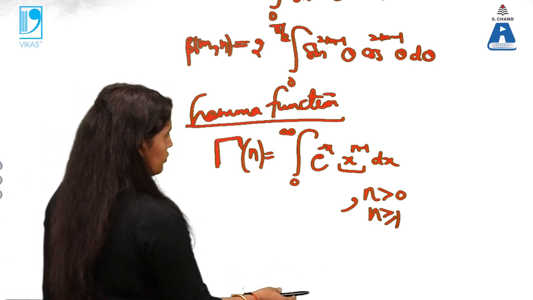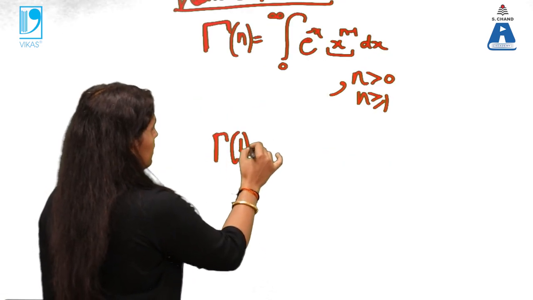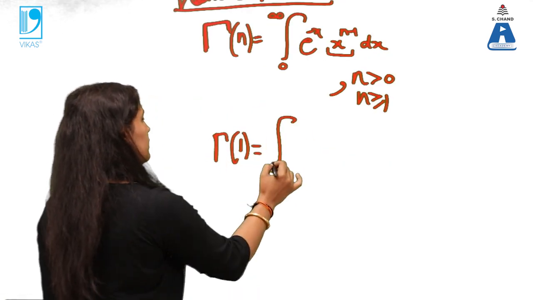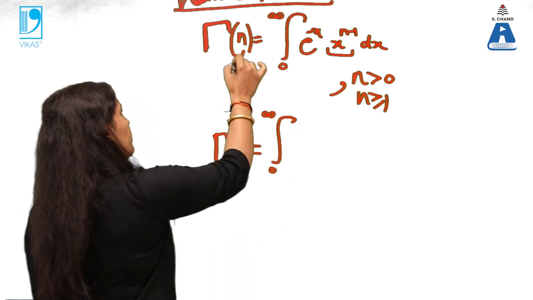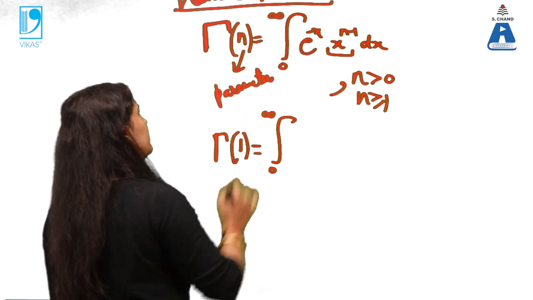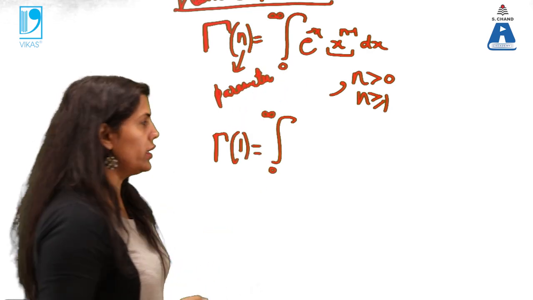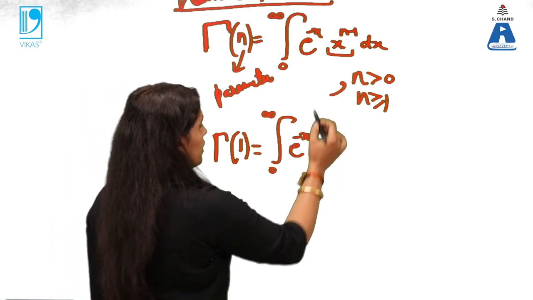So this is the gamma function, and first we see what gamma of 1 is. Here the parameter is n, and the complete function depends on n. Gamma 1 means I am substituting n as 1, so n minus 1 is 0.